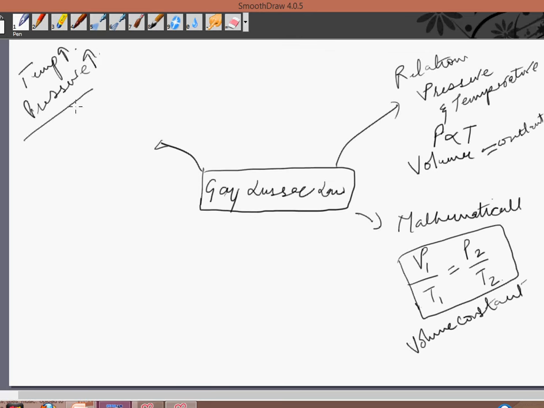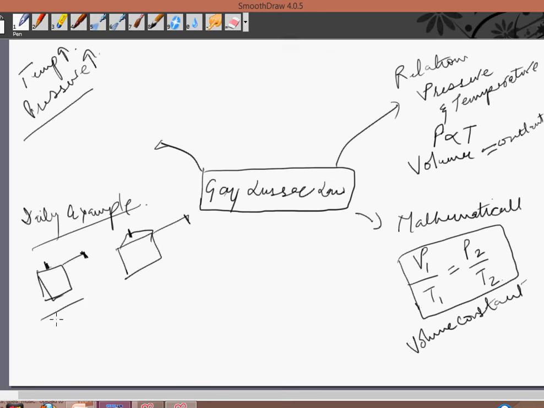What happens actually? Let's take a daily example. We all have pressure cookers in our kitchens. Let's take two pressure cookers. These are the two pressure cookers, keeping on the flames.